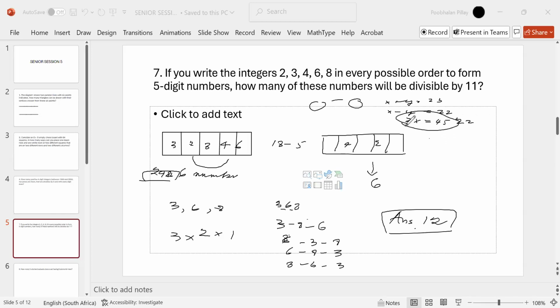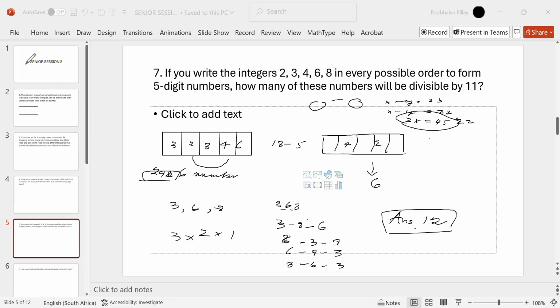So 22 is out. 0 is out, 22 is out, so only 11 is allowable. By 11 I mean that the difference between these two sets of numbers is 11. That's the only one which is allowed, and in that case, there are 6 possibilities.